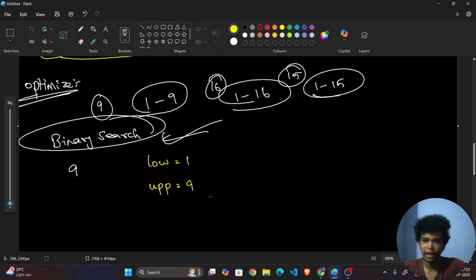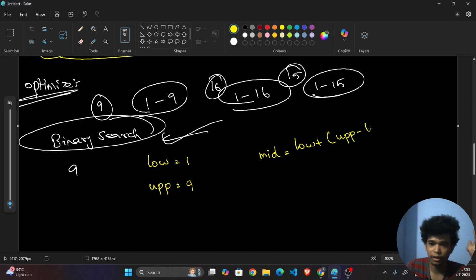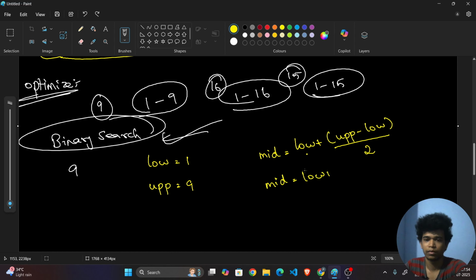Fine. Now I want to find what is the mid value. To find the mid value, we have a formula like lower limit plus upper limit minus lower limit divided by 2. Hope you understand this. For simplicity, we can also make this lower limit plus upper limit by 2.